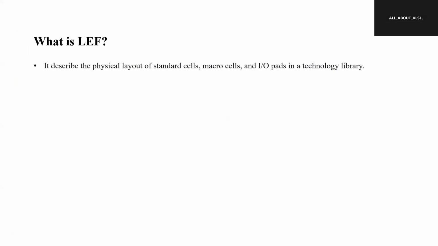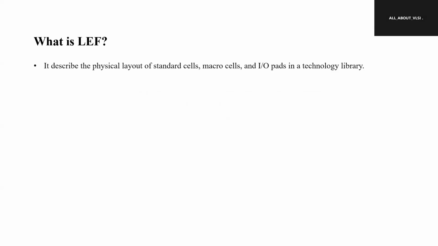So this LEF file is also divided into two categories. First one is technology LEF and the second one is cell LEF. It contains the physical layout of standard cells, macros and IO pads, which means the complete physical information like the height and width of the standard cells and macros.